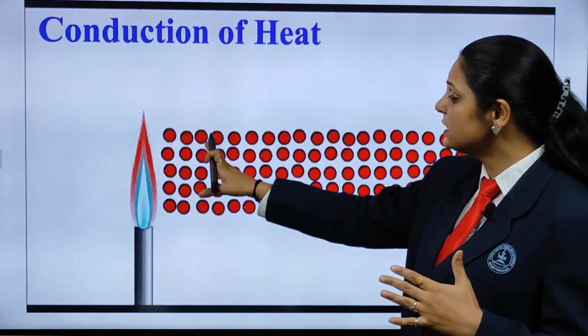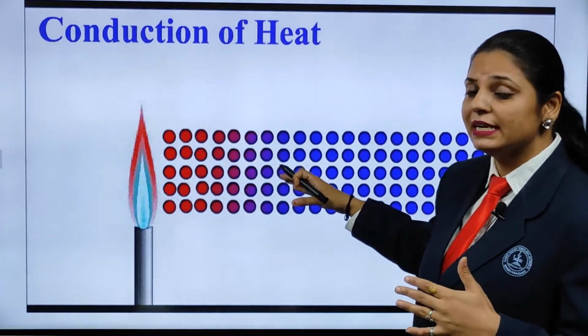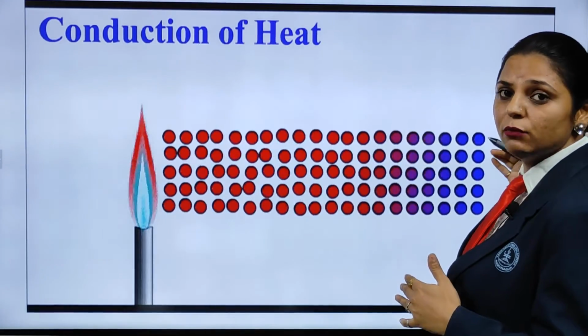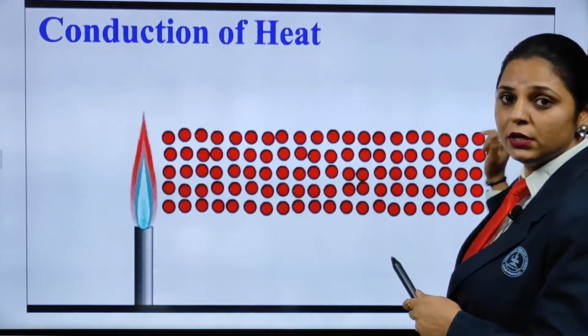Slowly the vibration increases, and later it passes on to the adjacent molecules, and so on to the next one. This end will be hotter, and slowly the hotness will spread to the other end also.